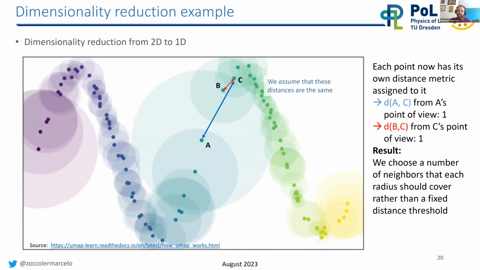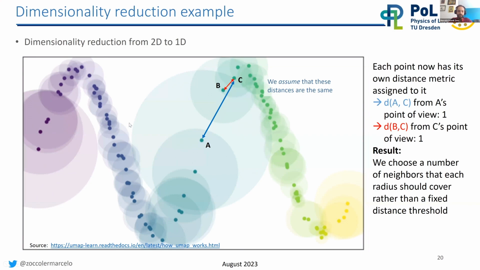This means that from a point of view, it considers all the radius as having radius 1 when you are considering the central point. So the distance from A to C, from A's point of view, is 1. And the distance from C to B, from C's point of view, is also 1. So each point has its own coordinate system now.